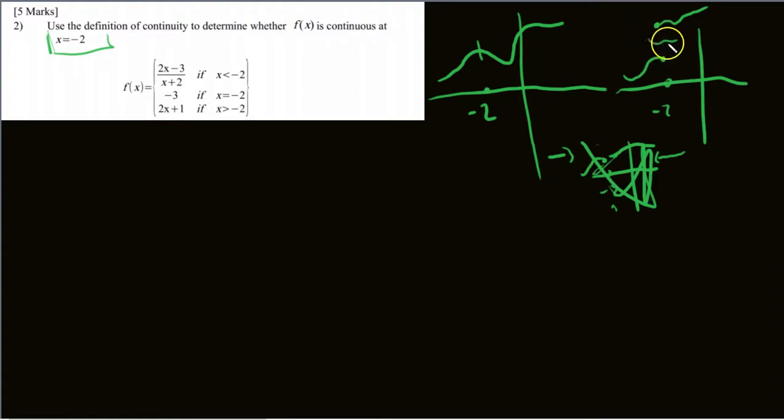It's mostly of this form when it's breaking, because if you take the limit as x approaches -2 from the left, you'll get an f of x value of this, and if you take it from the right, you'll get a value over here which is different from this value. That means there's a break. So if I can somehow prove this concept with this piecewise function, we have an answer to whether it's continuous or not at x equals -2.